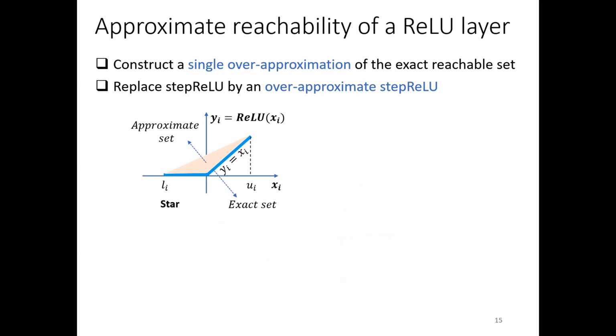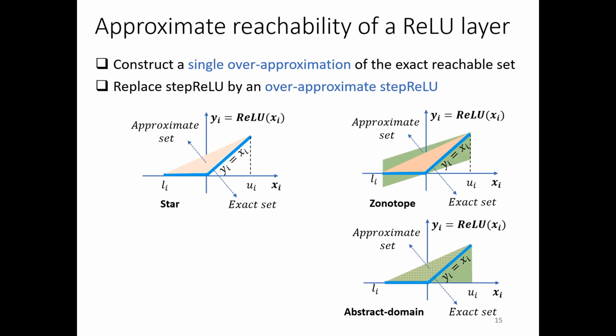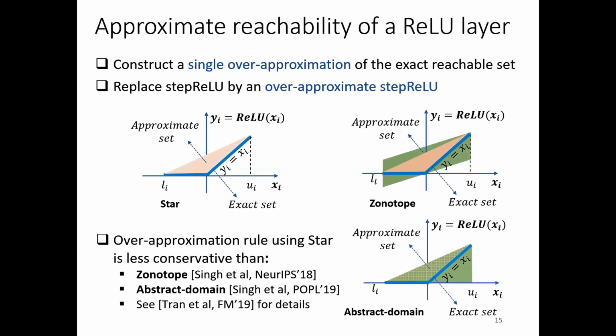The idea is that we replace the step ReLU operation with an over-approximate step ReLU operation, which over-approximates the exact reachable set at a specific neuron by a triangle. In comparison with other methods like Zonotope or the recent new polytope abstract domain methods, we can see that our over-approximation rule is less conservative than the Zonotope and the new abstract domain methods.